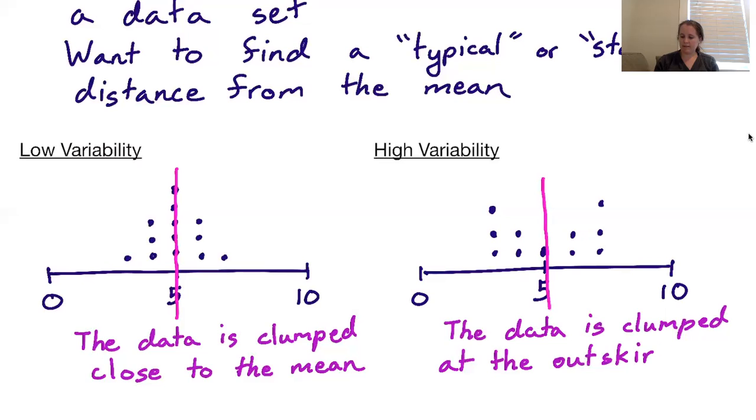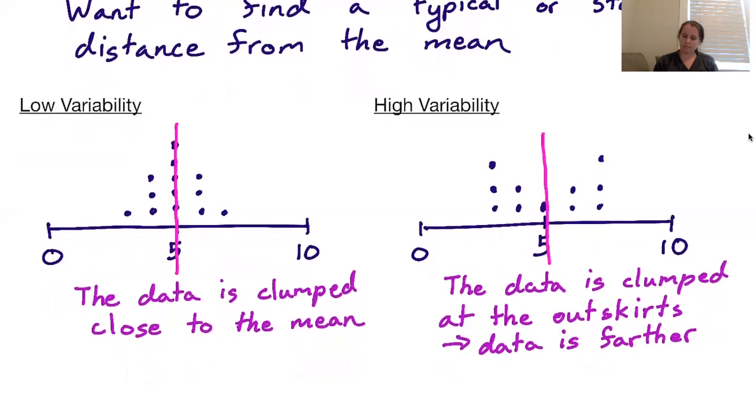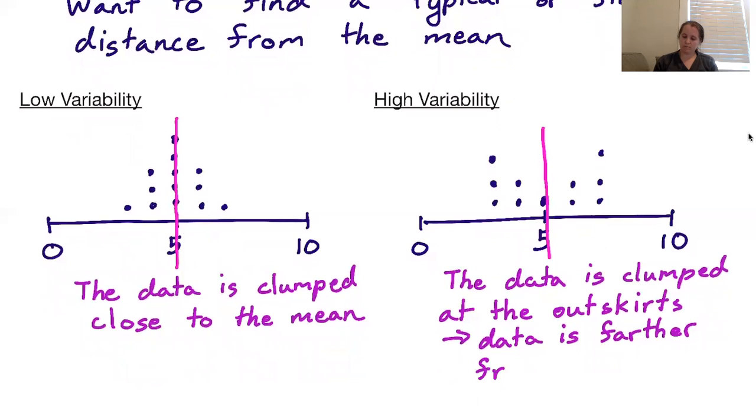In this case, but most importantly, the data is farther from the mean. So it could just be that the data is clumped on the outskirts. It could be that the dots are just more spread out. There are various ways to have higher variability.